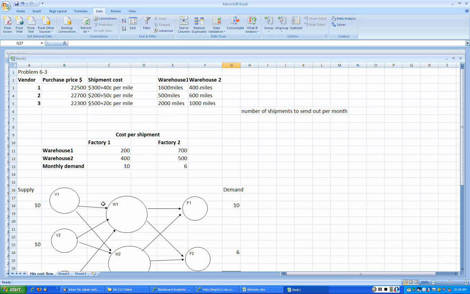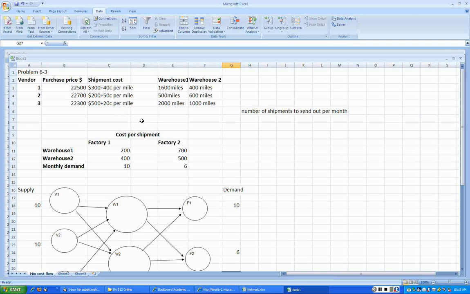Anytime we bring a consignment from any of these vendors, the trucking company charges a $300 flat fee, then 40 cents per mile as the variable cost of transportation. We have these different rates for different vendors from perhaps different trucking companies.